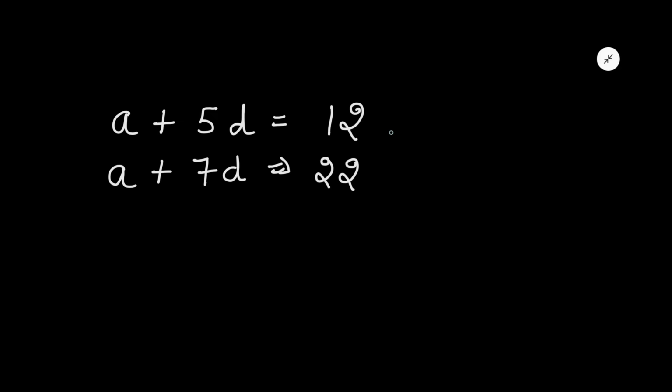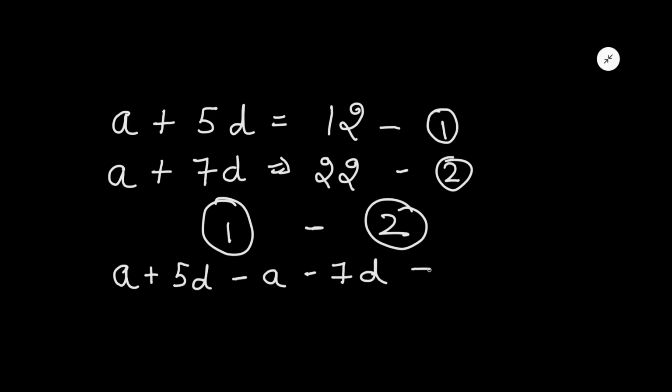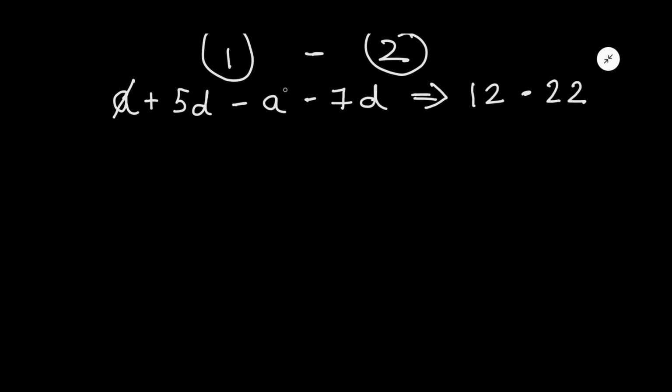If we subtract both these equations, 1 minus 2, it will become a plus 5d minus a minus 7d is equal to 12 minus 22. So here a minus a is 0, 5d minus 7d is equal to minus 2d, and 12 minus 22 is minus 10.